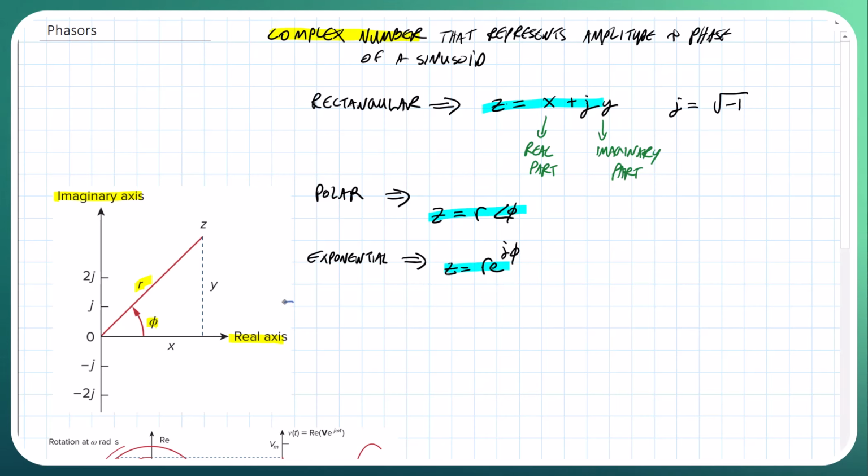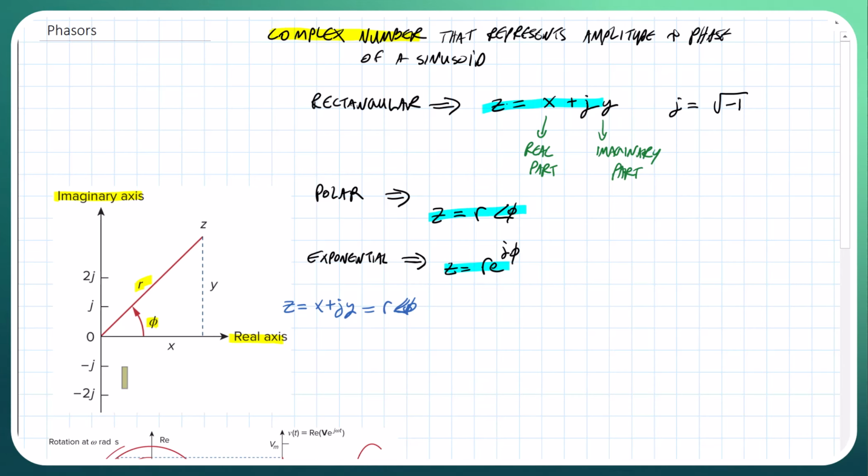Let me rewrite it: z equals x plus jy, which is r angle phi. We'll be using this format for AC circuit analyses. One thing, don't confuse this real axis and imaginary axis with the cosine and sine axis we presented in the previous lecture.